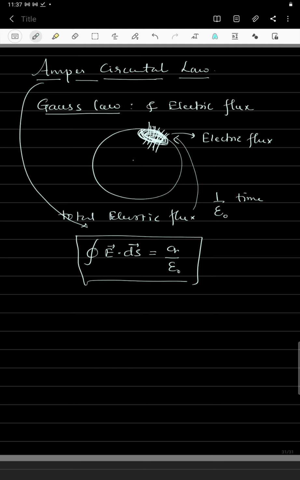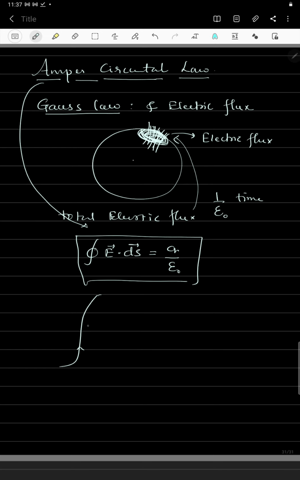We have already studied the Biot-Savart law expression, and we have derived that expression also. For Biot-Savart's law we used one conductor, and we supplied some small current to it.